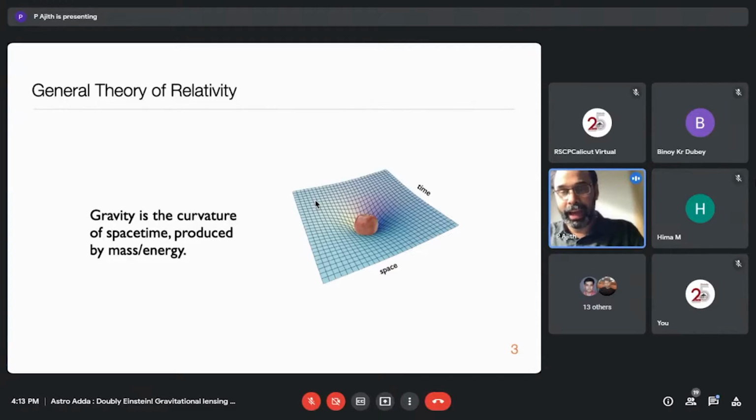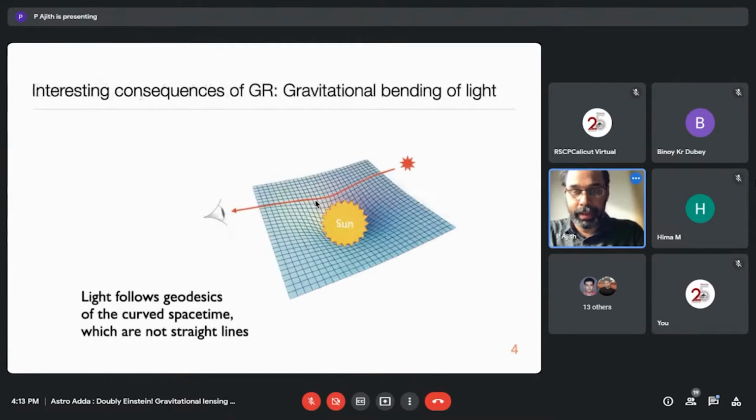And this can have a number of very interesting consequences. So, for example, just like an apple, a sun would also produce a significant curvature in the space-time around it. And the light that would usually travel through a straight line would start traveling through the geodesics of that space-time.